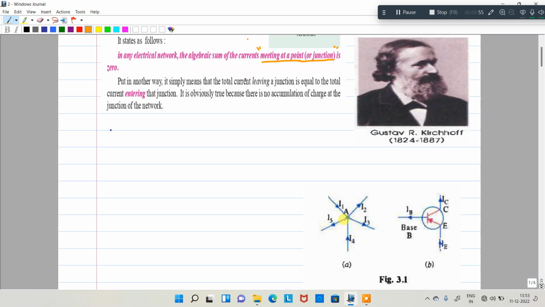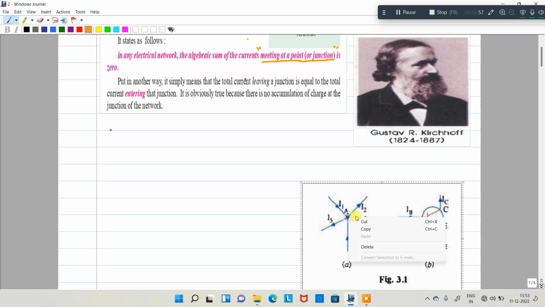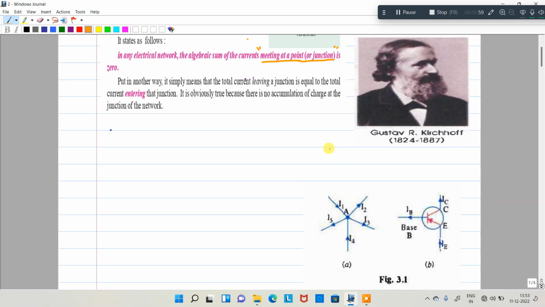Look here, this is a junction or node. All these currents meeting at this particular point must sum to zero according to the definition.